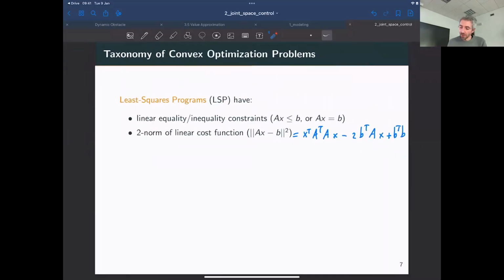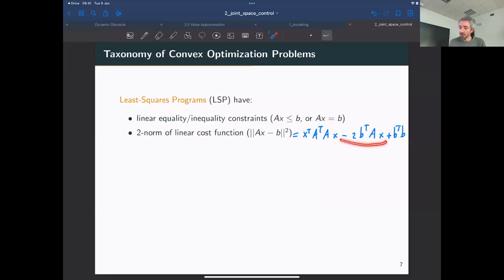So actually, this gives you the detail of least squares programs. They can have linear inequality constraints and linear equality constraints. The cost function is the 2 norm of a linear function, which if you compute, you get this expression here. So you can see that it's actually a quadratic function, because you have this term here, x transpose A x, which is a quadratic term.